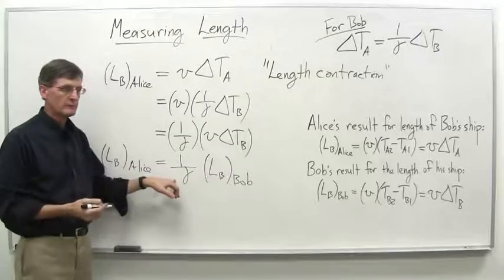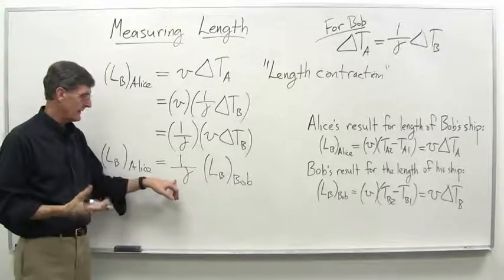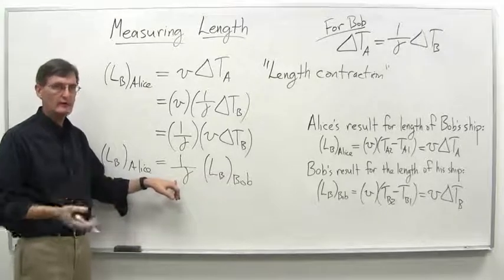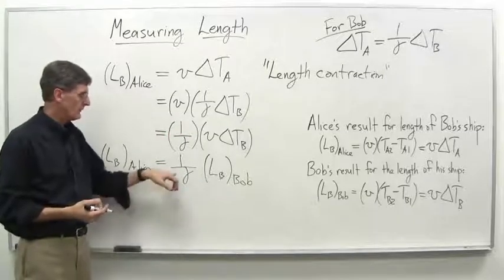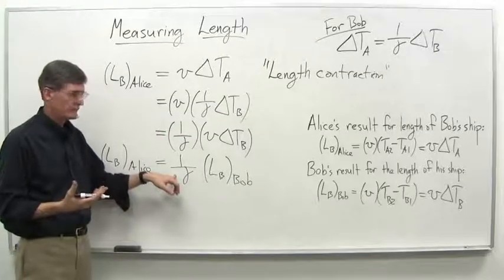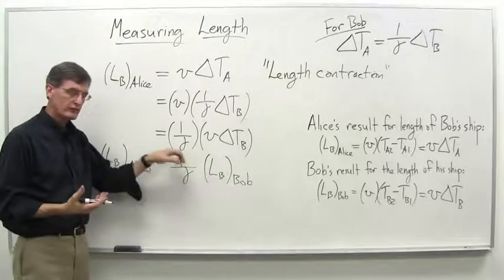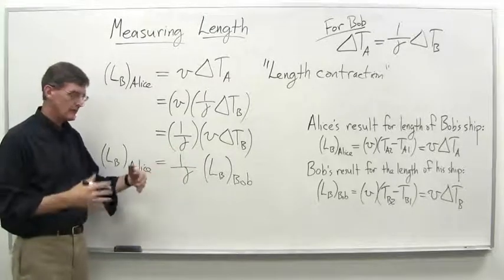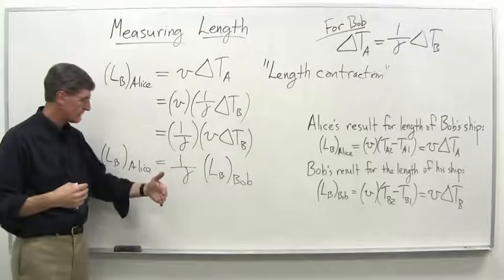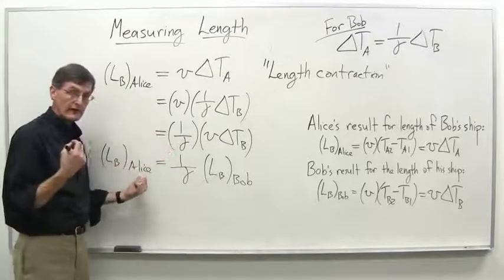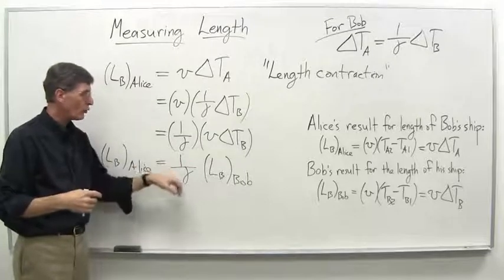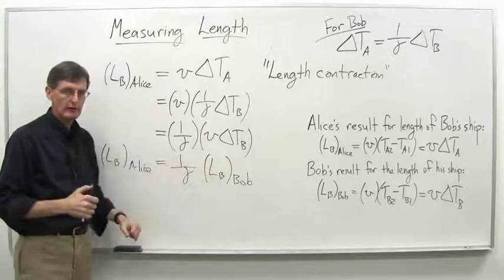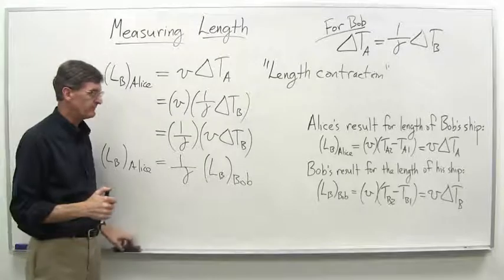So remember, before, to get gamma around 2, we have to get up to about 0.99 the speed of c, right around in there. Was it 0.9 c is 2.3 for gamma, something like that. So in other words, you have to get pretty close to the speed of light. But if Bob's going by that fast and Alice measures the length of his ship, it'd be about 1/2 of what he would get for that measurement.